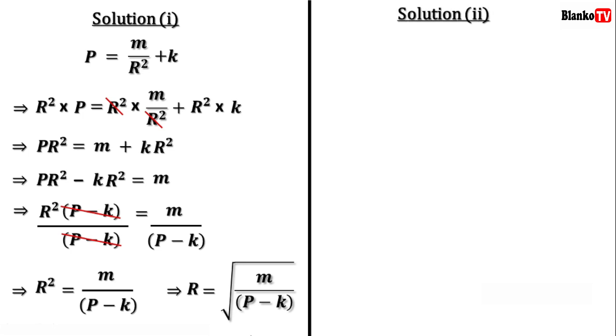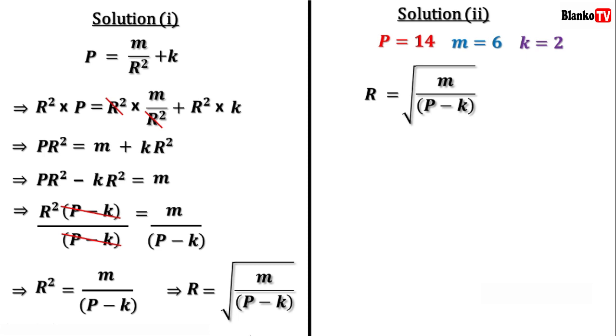So let's move on to solution two. When P is equal to 14, m is equal to 6, and k is equal to 2, and we have r to be the square root of m over P minus k, what we are supposed to do is substitute P equals 14, m equals 6, k equals 2 into the formula to solve for r.